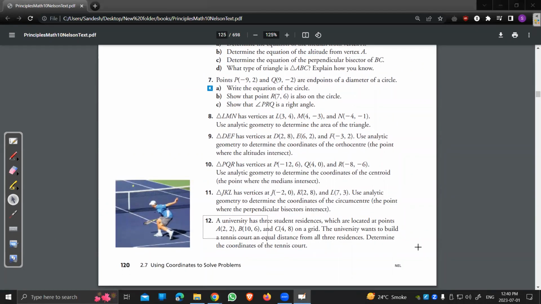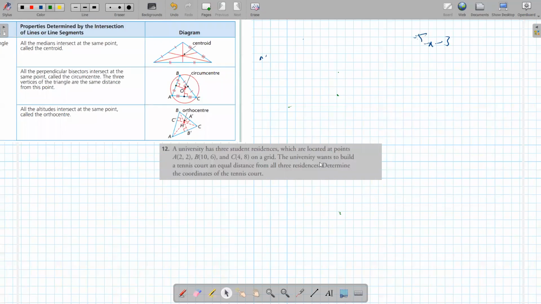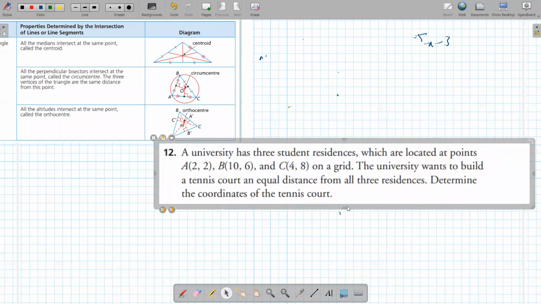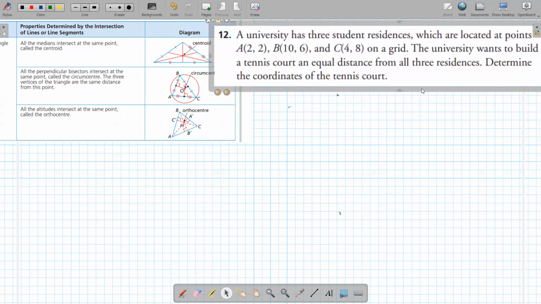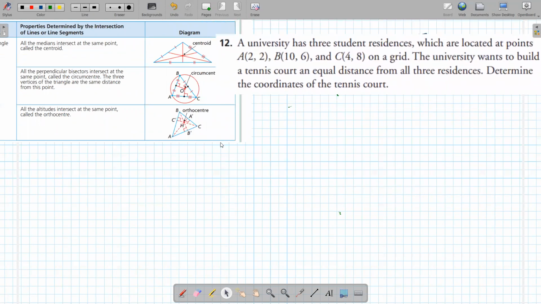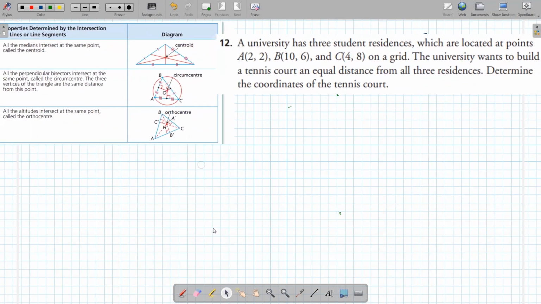What am I talking about? This question right here. University has 3 residences, which are located at these certain points. They want to build a tennis court at equal distance from all 3 residences. Determine the coordinates of the tennis court. See that?